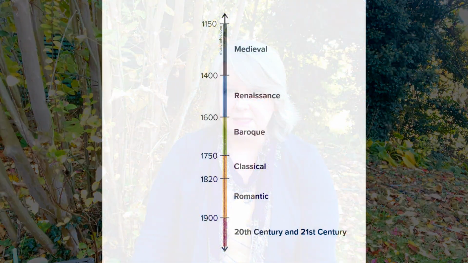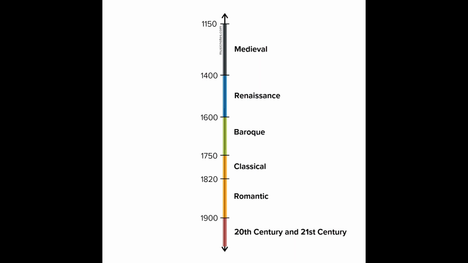So let's look at the Romantic era from 1820 to 1900. And this is when there's a lot of unrest in Europe. We're talking about the French Revolution and revolutions all over the place. There's a lot of nationalism in the music.